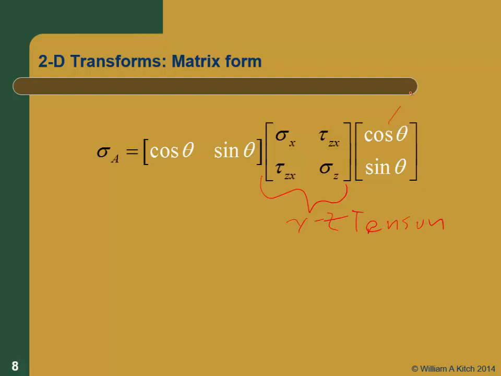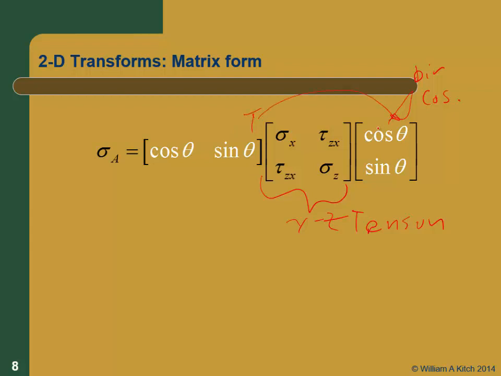And these are what we just call the direction cosines. I mean, one of them is sine, but they're the unit directions in the angle theta, right? It's just cosine theta and sine theta. They're called the direction cosines, so the number is less than 1. And all I have to do is take this direction cosine vector and pre and post multiply it. This is actually the transpose of this, right?